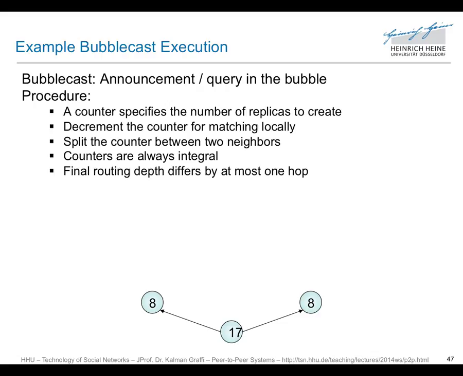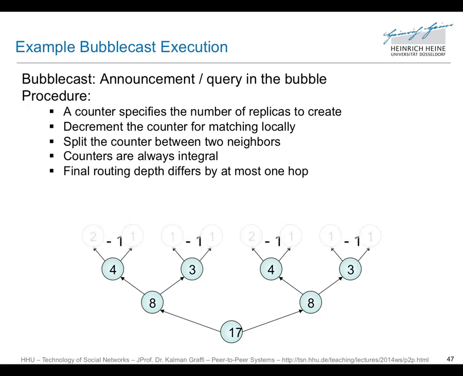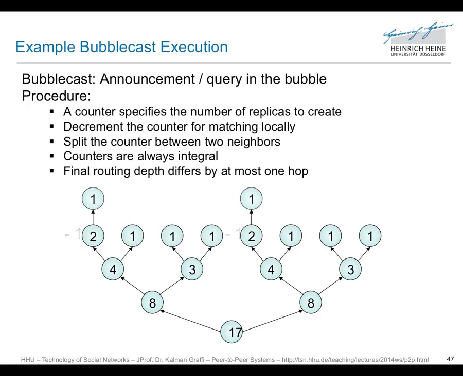It contacts 2 of its neighbors and sends them the message with a counter of 8 each. They both also decrement the number and send it on to their neighbors. They select 2 of their neighbors and send the message out, each with a specifically modified counter, and so on and so on. And you see at the end, by having the counter of how many nodes already received the message, we make sure that in this picture we have really 17 nodes.